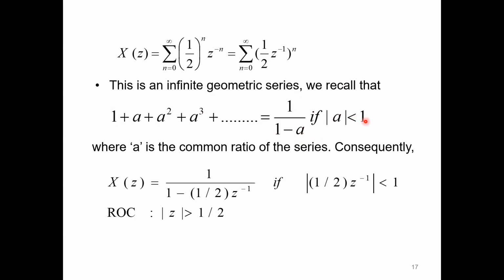The common ratio has to be less than 1 for the sum to be finite. So now this a is half z to the minus 1. So put it there. This is the Z transform of the exponential sequence, the sampled exponential sequence. Clear?